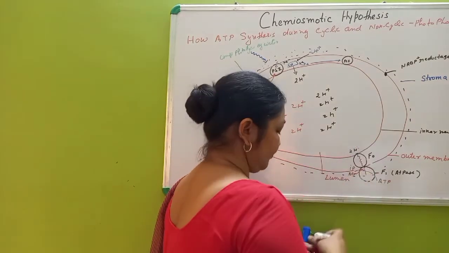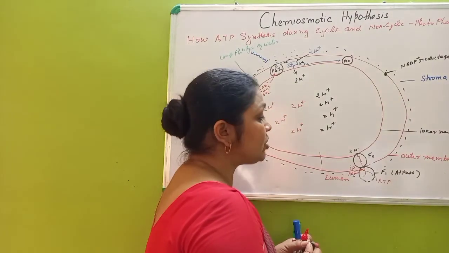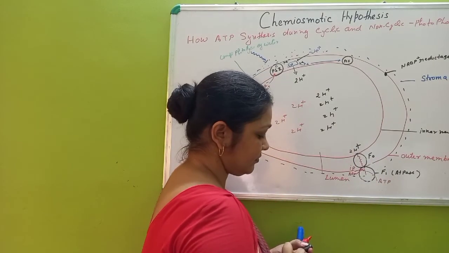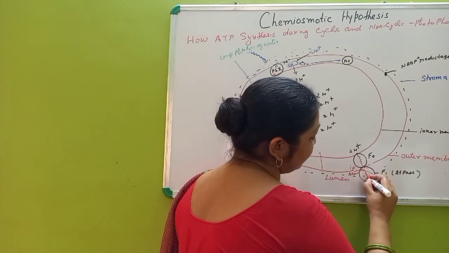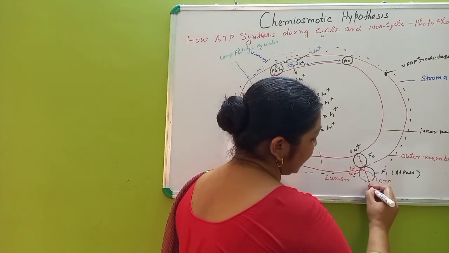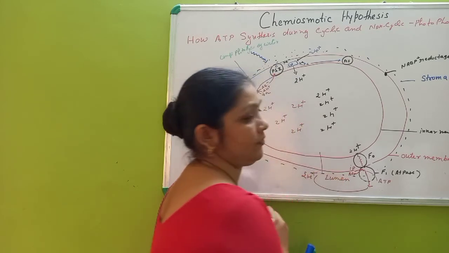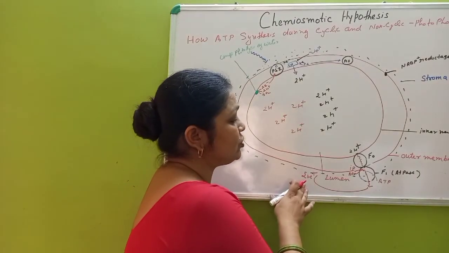So the energy level of this proton goes down and it becomes normal in condition. So now the normal proton will move out of this and come into the stroma.